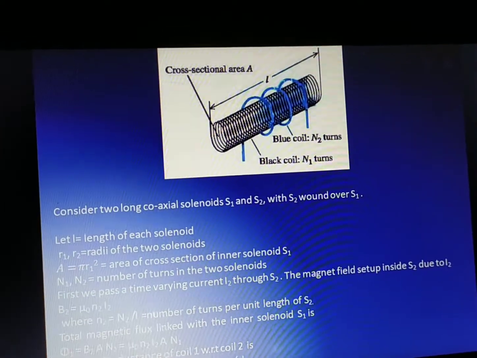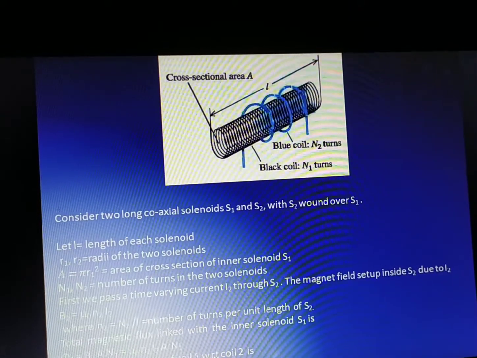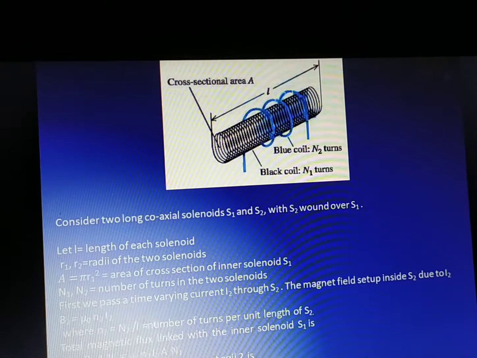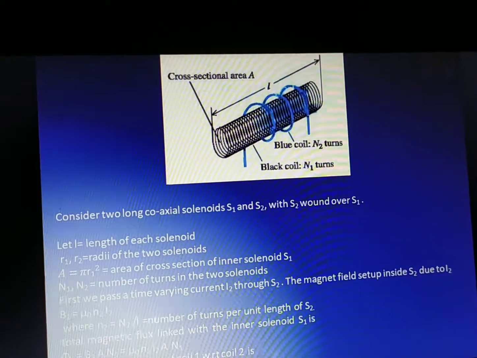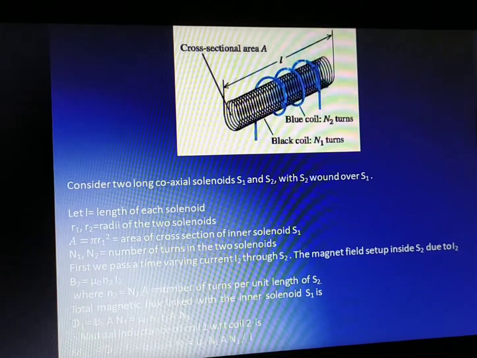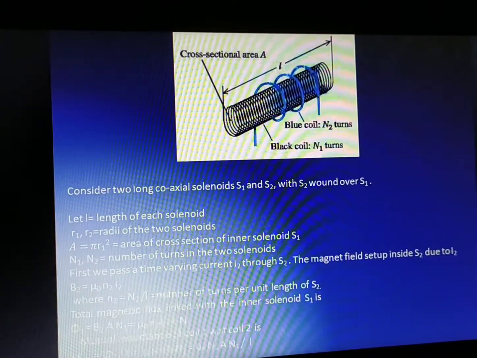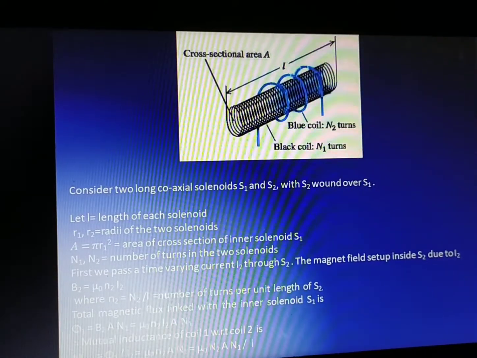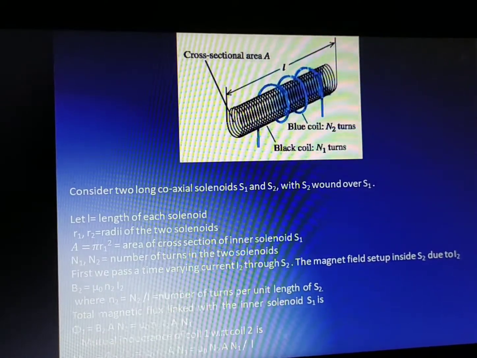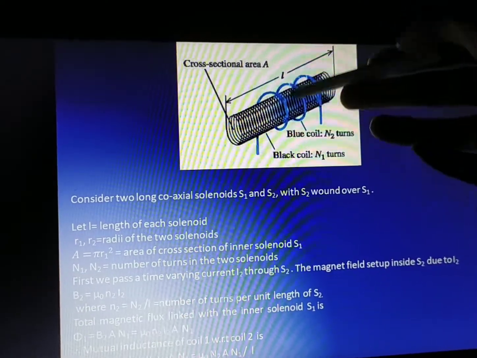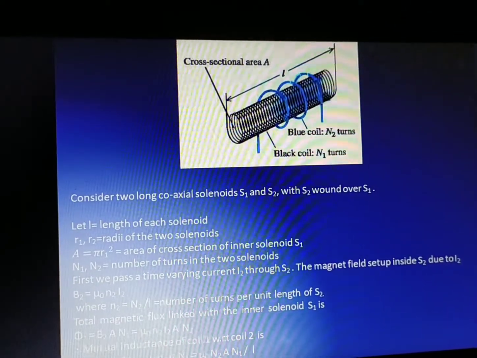The cross sectional area of both the coils is the same, which is A, and the length of the coils is also the same, which we consider as l. So now we have considered two long coaxial solenoids S1 and S2, and this solenoid S2 is wound over the solenoid S1.